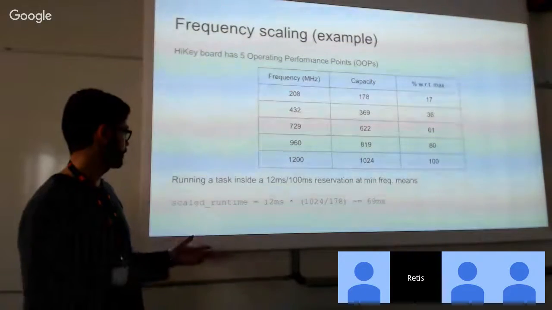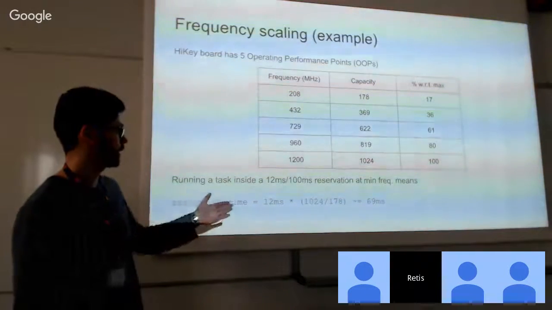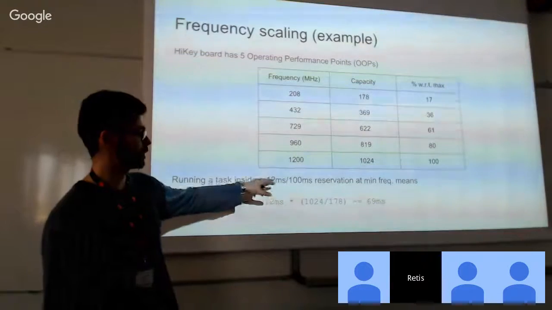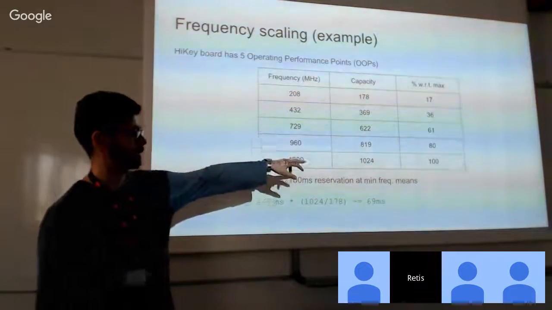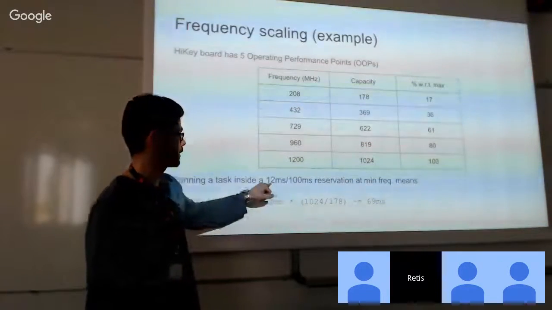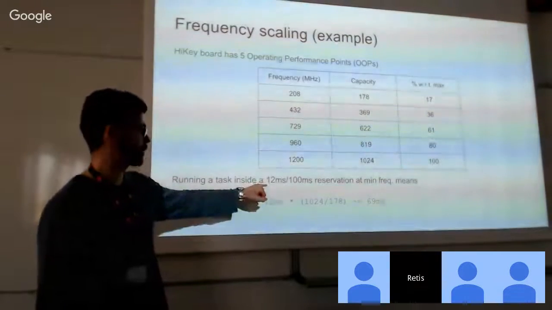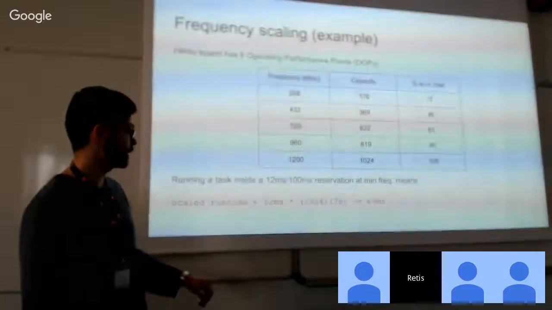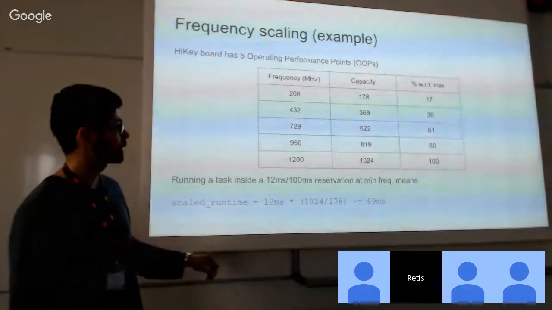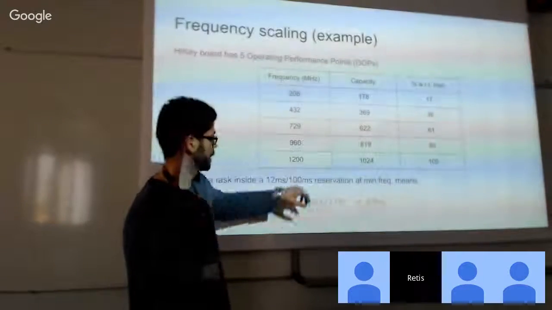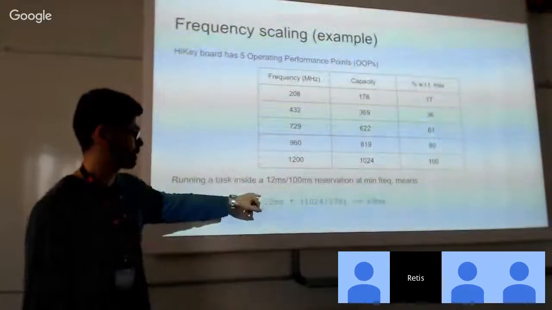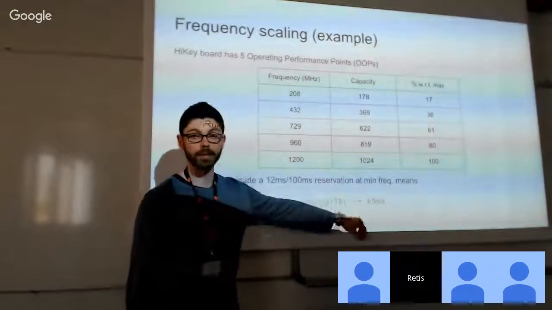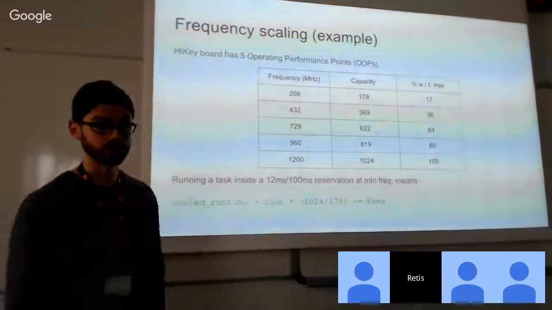So for example, if I need to scale, let's say I have a task which at the highest capacity is allowed to run for 12 milliseconds every 100 milliseconds. If we then run the task at the lowest capacity, its runtime is actually scaled up to 69 milliseconds. So we need to enlarge this thing.